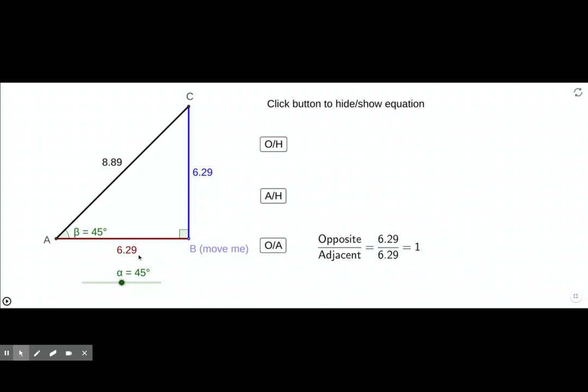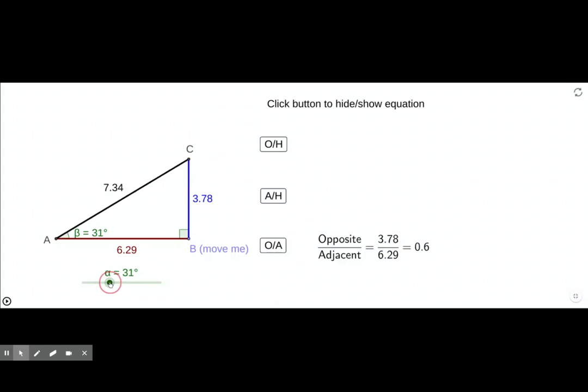What if all they had, now think about this like a building. You want to know how tall a building is, but you can walk away from the building and you can look up at the top of the building at a certain angle, right? Let's change that angle back to 30 again, right there.